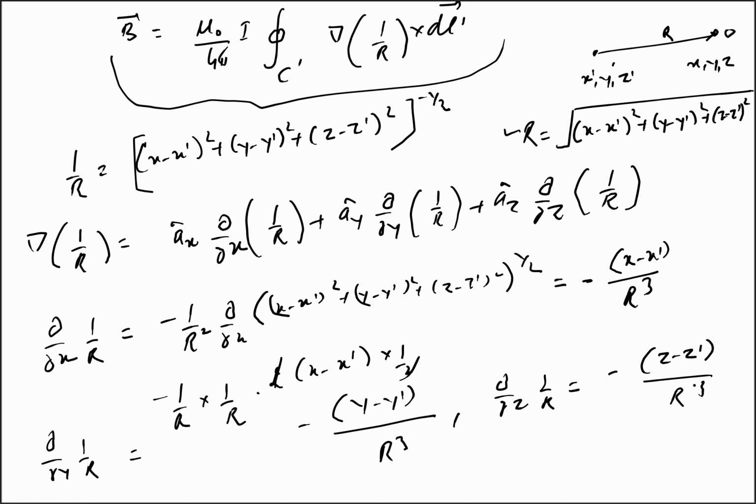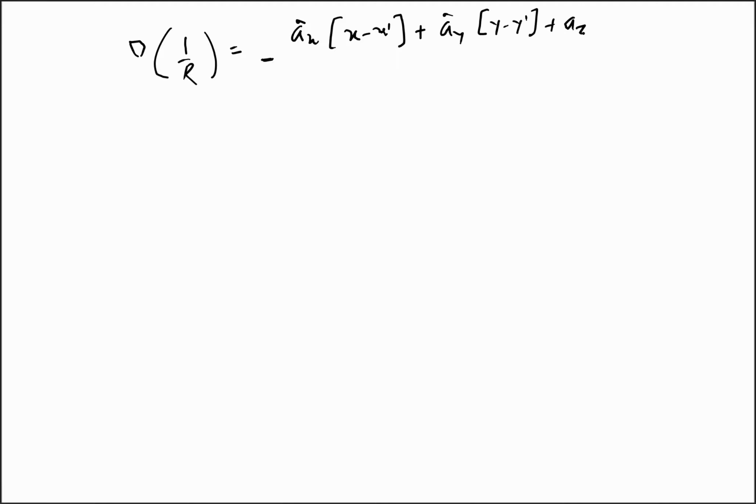So you see that del of 1 by r is simply, taking the minus sign common from everywhere, ax (x minus x dash) plus ay (y minus y dash) plus az (z minus z dash).